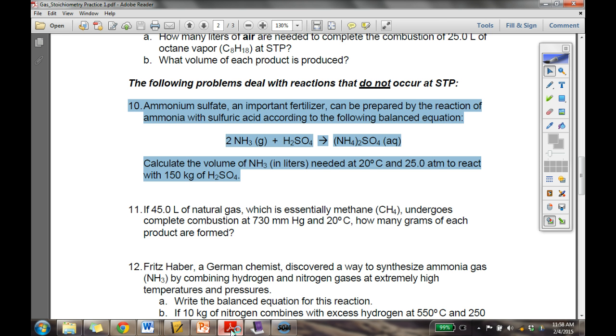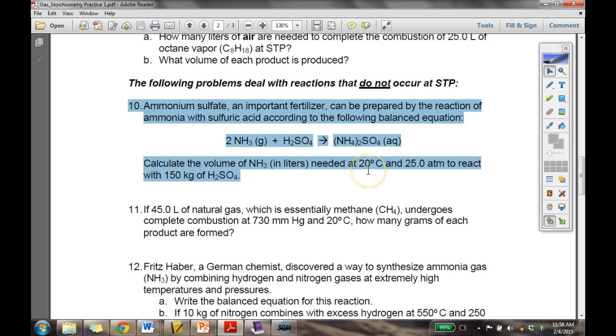R, we know, is 0.0821 liter atmospheres per mole Kelvin, and our temperature was 20 degrees Celsius, so we add that to 273, giving us 293 Kelvin.